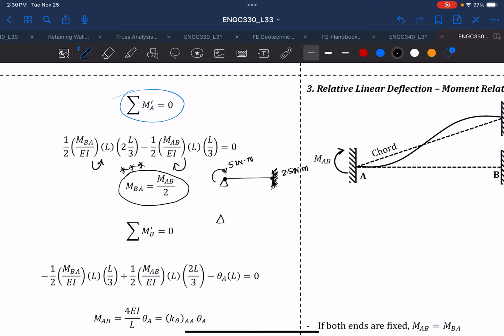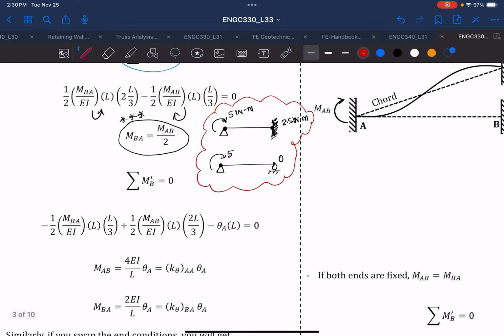However, if you have a simply supported beam and you're applying a moment of 5, then this will be 0. There will be no carry over of the moment applied to the roller joint. Please remember that this is something they may ask you in your conceptual question in your FE.